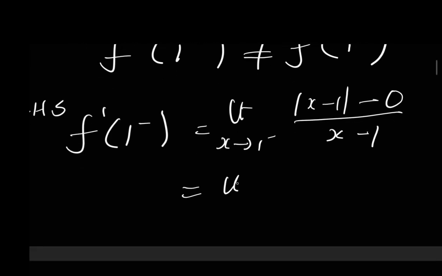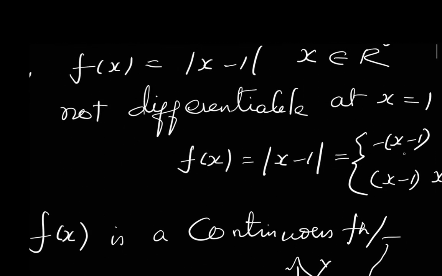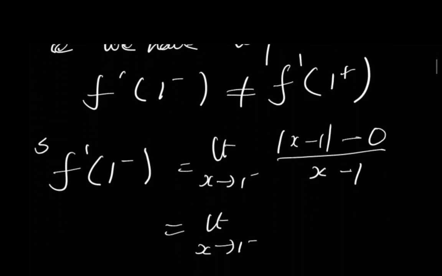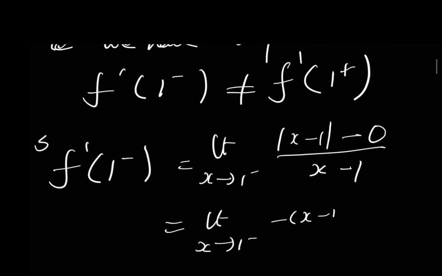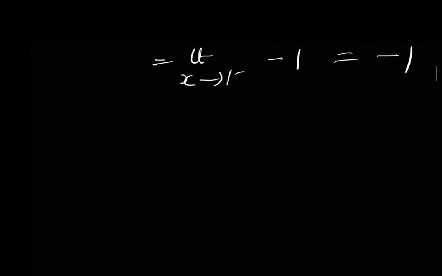That is equal to limit x tends to 1 minus. For x less than 1, the function is defined as minus of x minus 1. So minus of x minus 1 divided by x minus 1. The x minus 1 cancels, so we get minus 1. No need of substituting the value for x. So I will get minus 1.